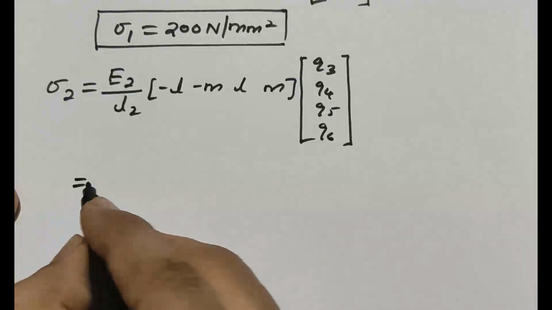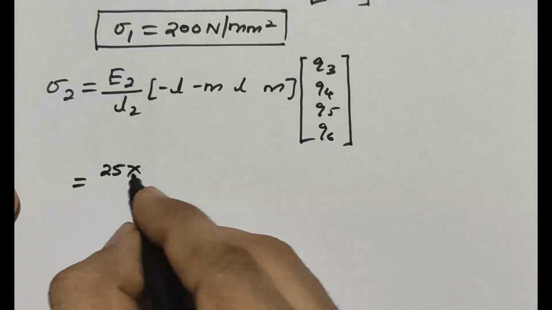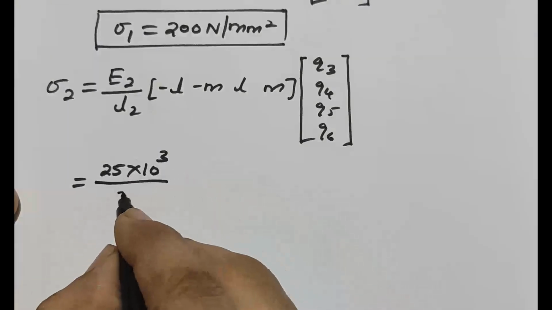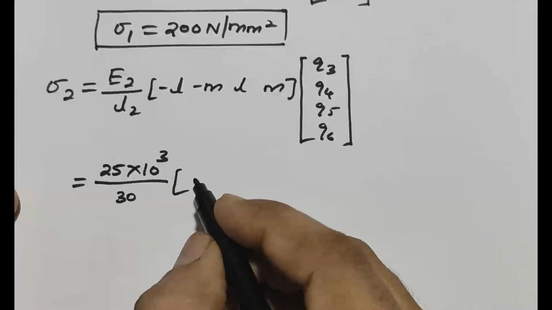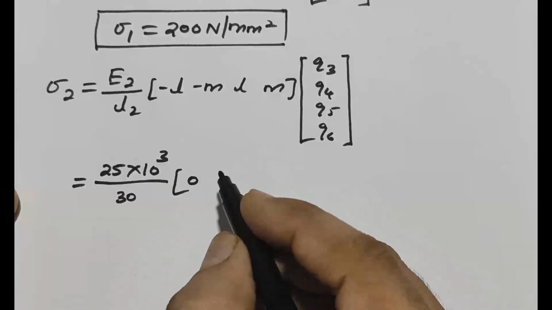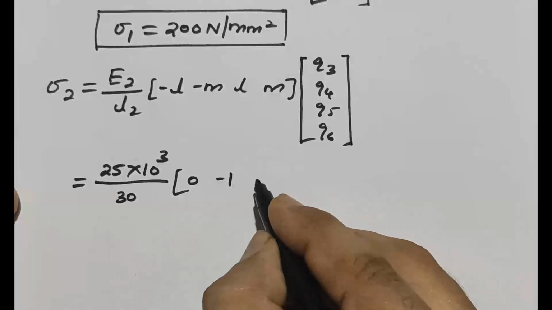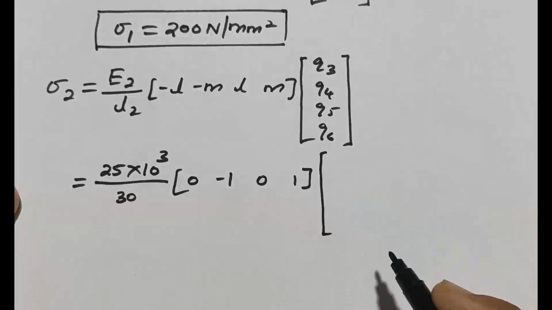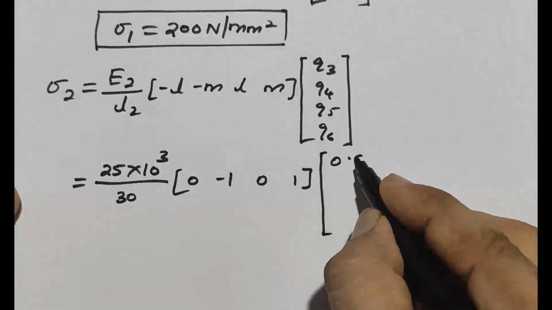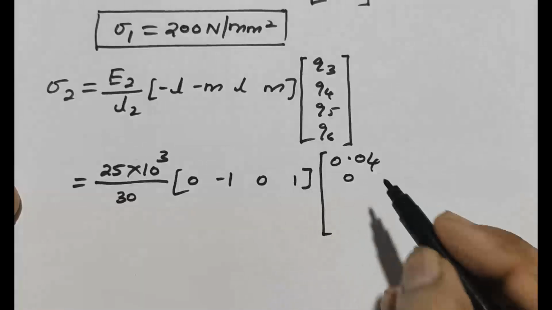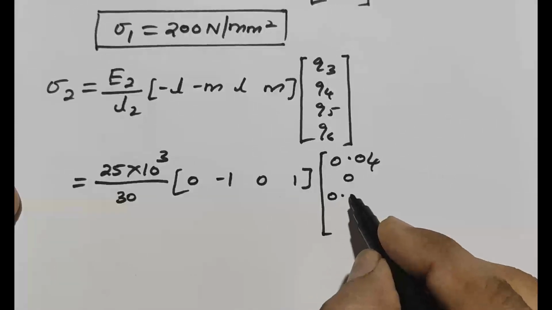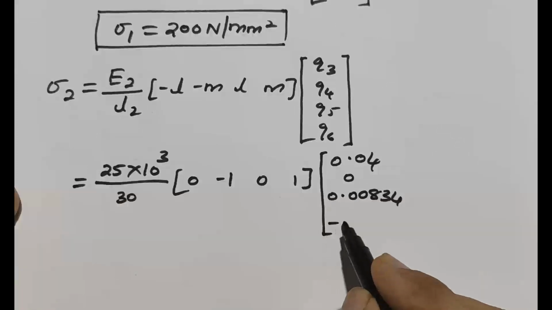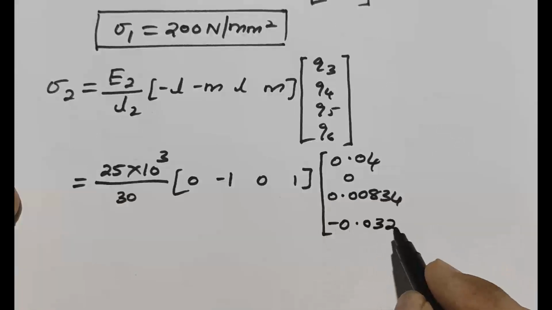Substitute the values: 25 into 10 power 3, L2 is 30, minus L is 0, minus M is minus 1, L is 0, M is 1, into Q3 it is 0.04, Q4 is 0, Q5 is 0.00834, Q6 is minus 0.0328.